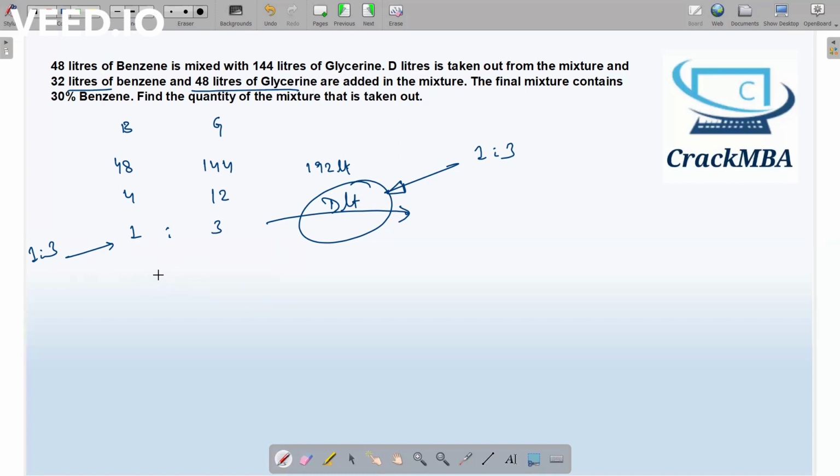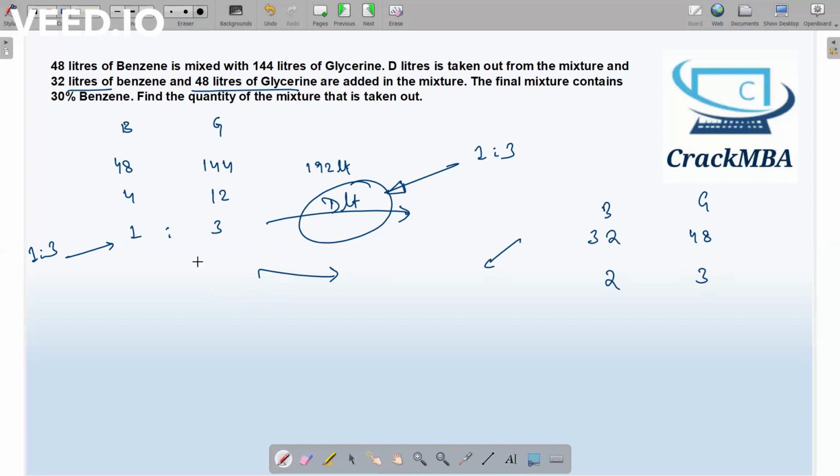So initially we have benzene and glycerin in the ratio of 1:3. And finally, I'm adding to it 32 liters of benzene and 48 liters of glycerin, which is 16 twos and 16 threes, so the ratio is 2:3. Now I'm mixing both these solutions, and while mixing I can apply alligation.